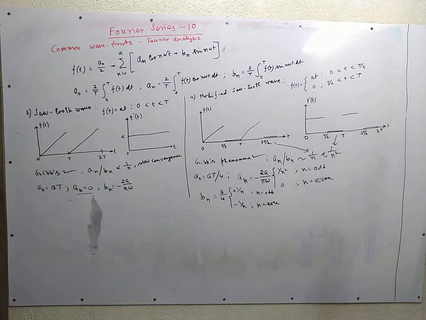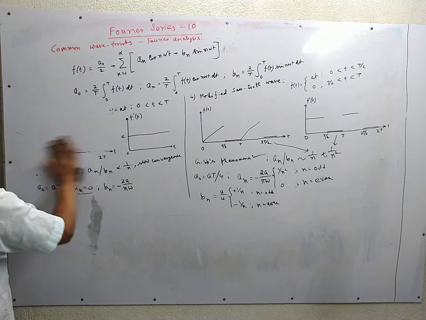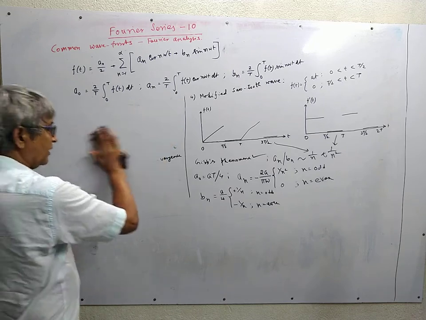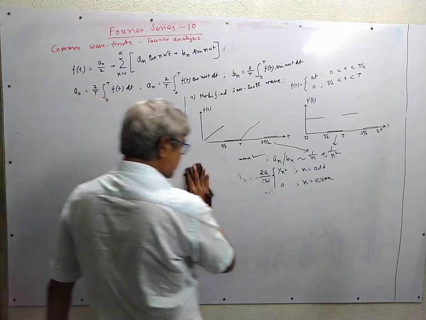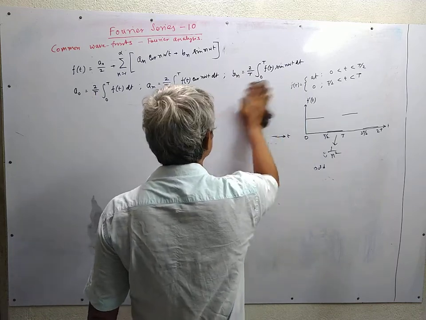Now we come to the other two forms of waveforms, that is the half wave and full wave waveforms. In electronics, it is common to have half wave and full wave rectifiers.